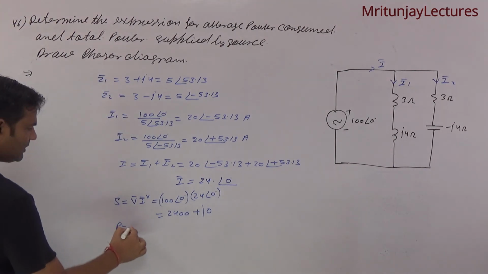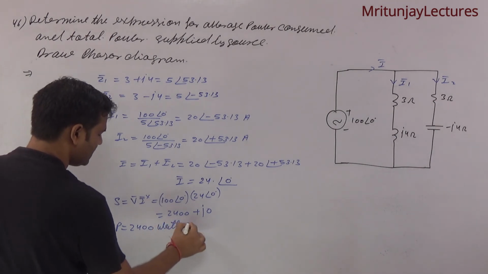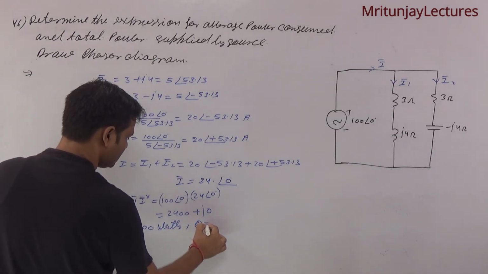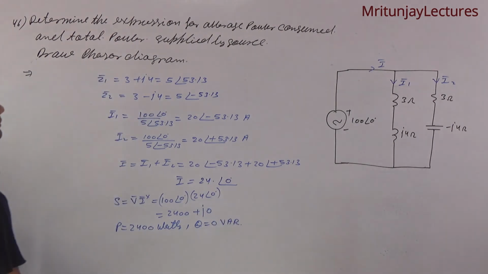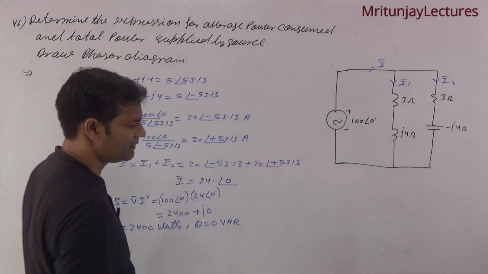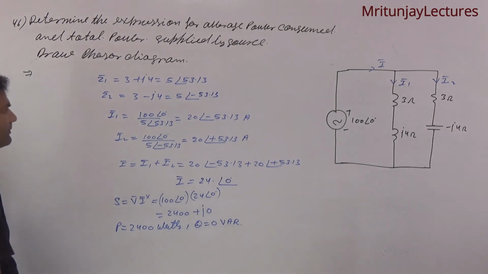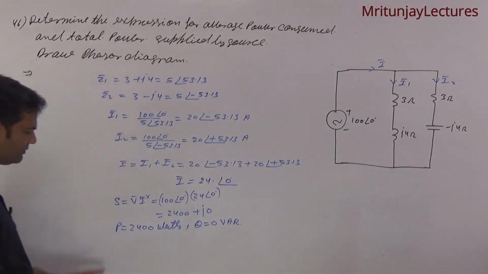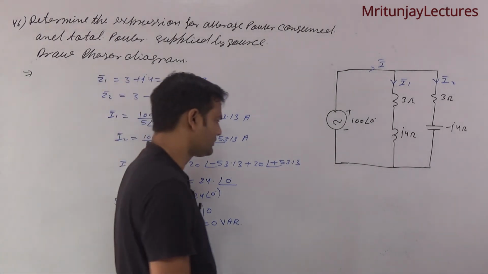So what about net power? 2400 watt. And what about Q? That is 0 VAR. Clear? Now the average power consumed, the expression for the average power consumed. Okay, if you want the average power consumed, that is like this one.